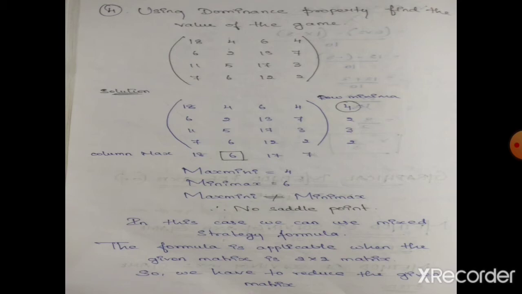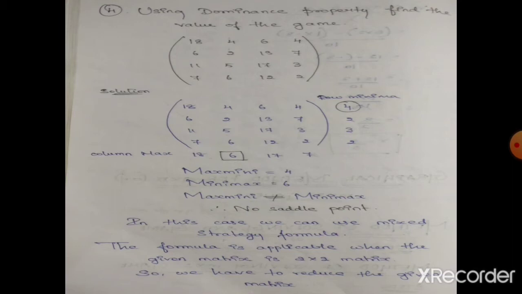So here maximin is not equal to minimax. Therefore there is no saddle point. We have to come with the mixed strategy formula. But the formula is applicable only if the matrix is 2 by 2. So now we have to reduce the given 4 by 4 matrix to a 2 by 2 matrix.